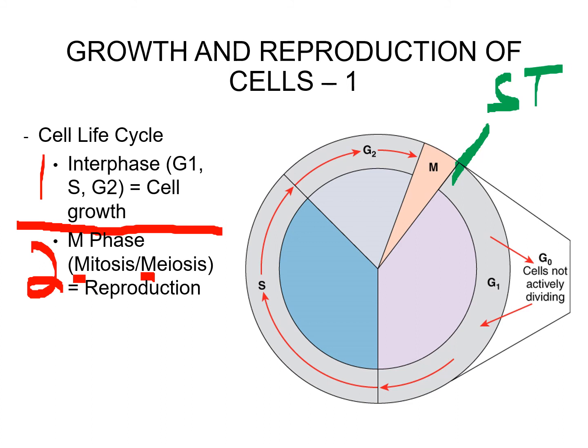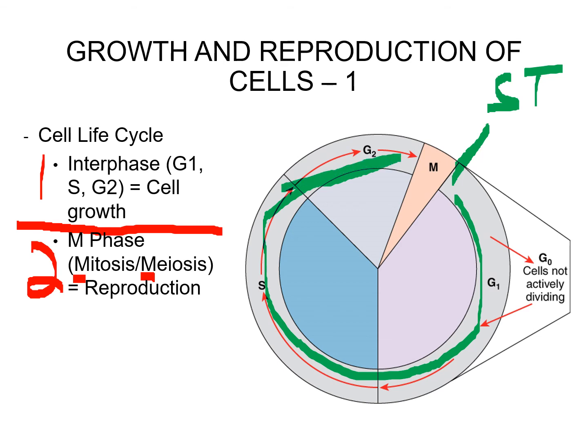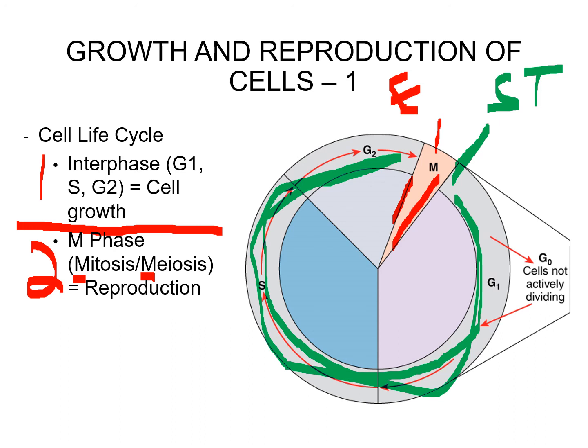And as we are making new cells, all of this in green is interphase. So you can see the majority of a cell's life cycle is spent in interphase. And then this little tiny sliver, which would actually be the finish line or the end, that is called the M phase.